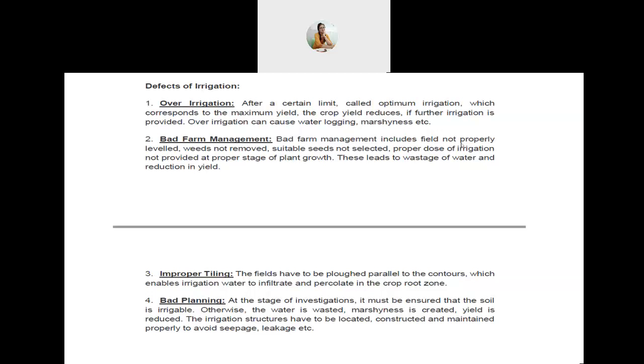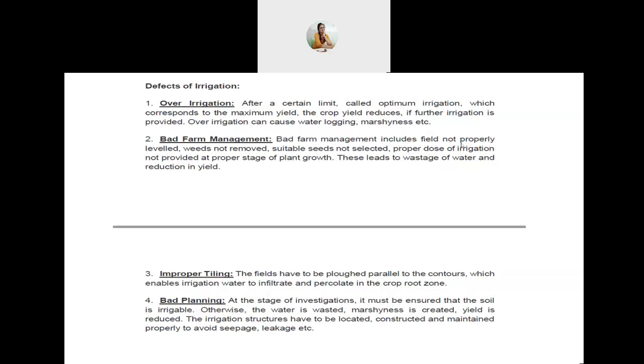Number 3, improper tiling. The fields have to be plowed parallel to the contours, which enables irrigation water to infiltrate and percolate in the crop root zone. Number 4, bad planning. At the stage of investigations, it must be ensured that the soil is irrigable.